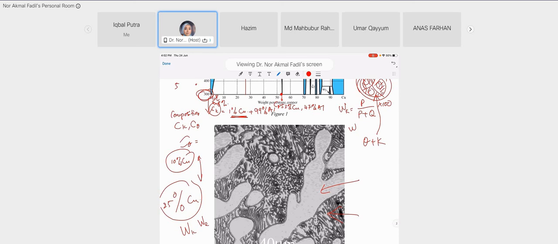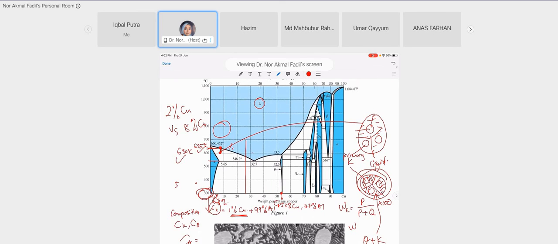You will obtain different percentages of eutectic structure. The phases of the eutectic structure you can determine by drawing a tie line from here until here. Let's say your alloy is 8% just now.